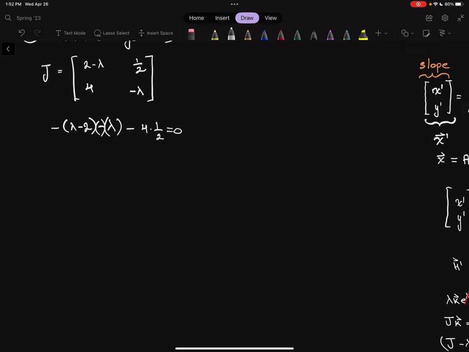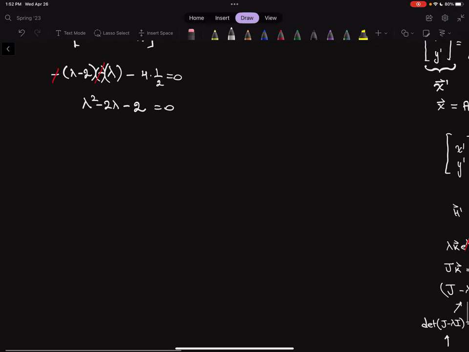So what we get is that these two negatives cancel out, and here we get lambda minus 2 times lambda. So this is going to be lambda squared minus 2 lambda minus 2 is equal to 0. And so let's see. Which numbers added together are equal to -2, and multiplied together are equal to -2? I don't know. So let's just complete the square.